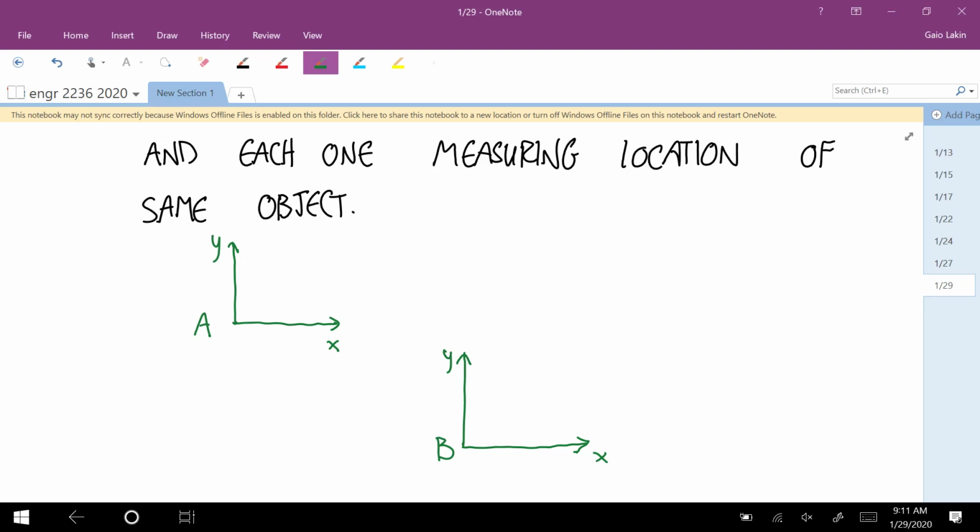They agree on the direction of x and they agree on the direction of y. We're just going to do that to simplify things a little bit, but it's actually really simple, if one of those was skewed at some angle, to make the conversion. But we're going to do it so that the x's agree and the y's agree. And they're both measuring the location of this point.